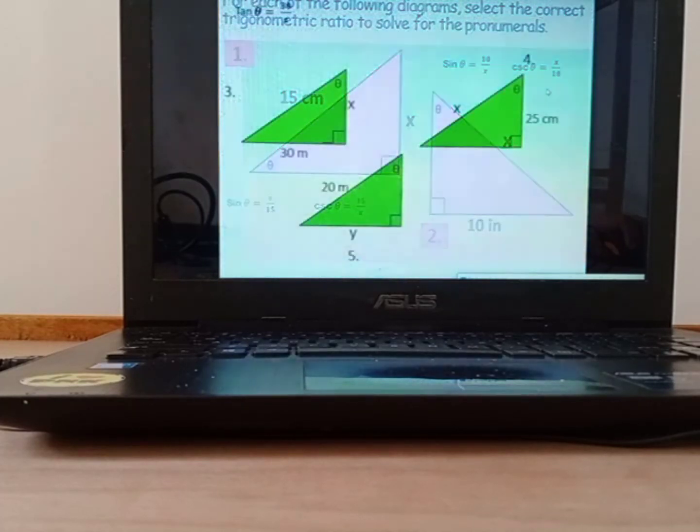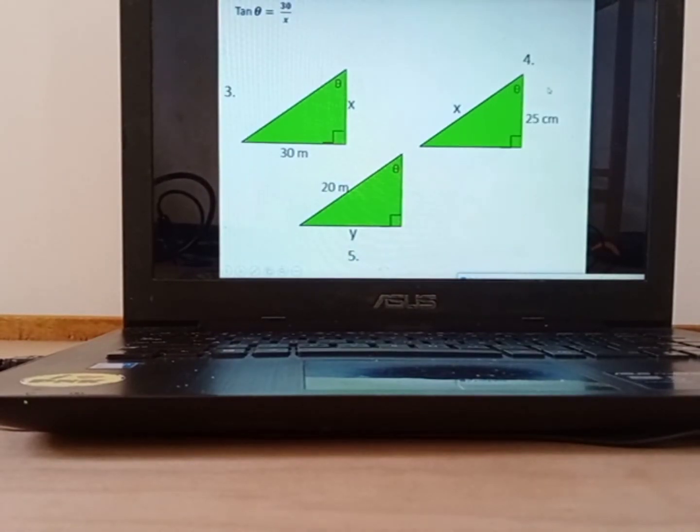So let's have another example. For our given number 3, if this is our angle theta, at the front of our angle theta is 30 meters. So therefore, this is our opposite side. And beside is x. So therefore, this is our adjacent side.